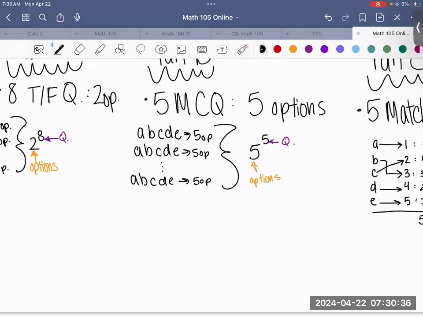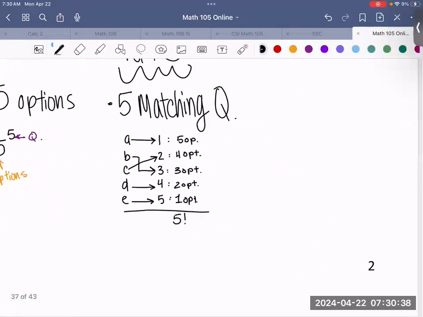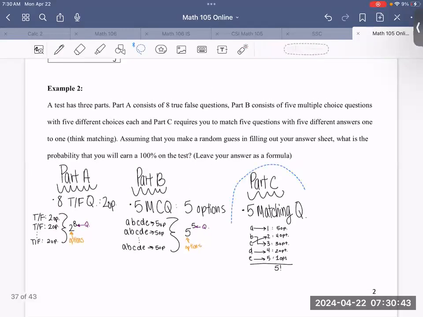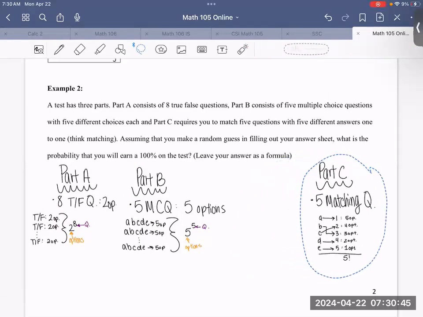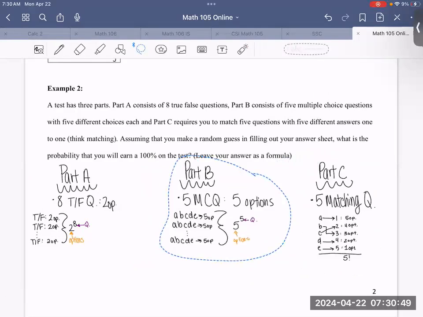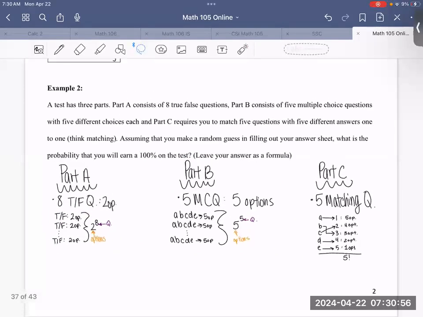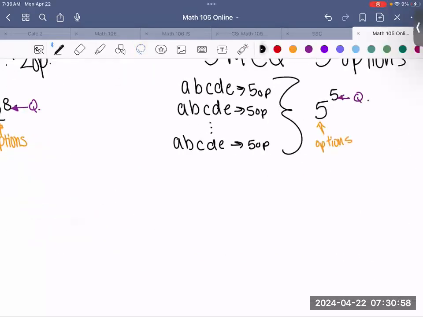So we're going to at least have that bit. Let me separate these out just a little bit more. Part C over here. Part B over here. Okay. So we have all of these. We have 2 to the 8th times 5 to the 5th times 5 factorial.